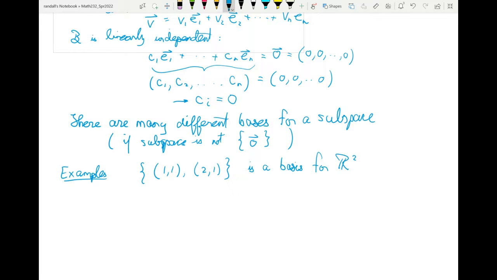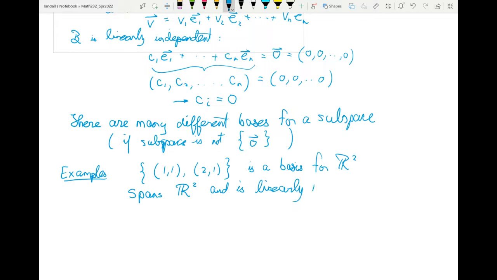And it's linearly independent. So this is a topic for the office hour, how to do this. So it spans R2 and is linearly independent.